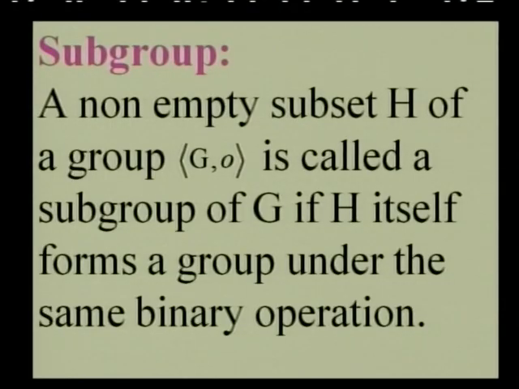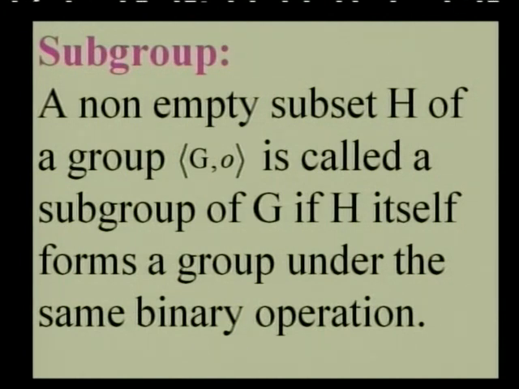A non-empty subset H of a group G is called a subgroup of G if H itself forms a group under the same binary operation. Now, in mathematics, we define and then we should have a criteria.